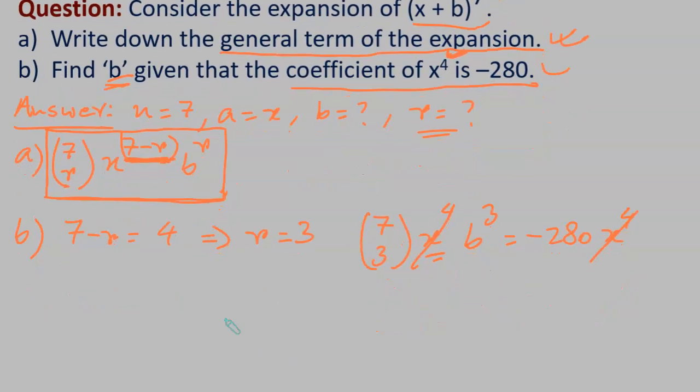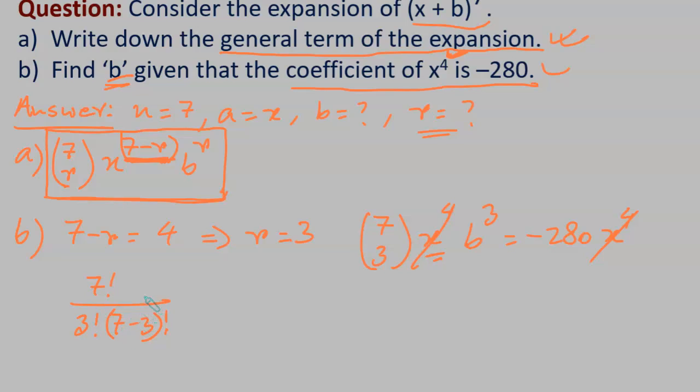So 7C3 is equal to 7 factorial over 3 factorial and (7 minus 3) factorial. And we have seen how to simplify these factorial expressions.